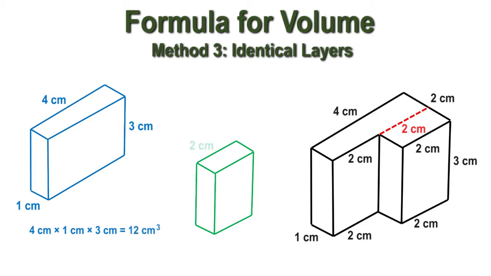The smaller prism measures 2 centimeters in length, 1 centimeter in width, and 3 centimeters in height. Its volume is 2 multiplied by 1 multiplied by 3, or 6 cubic centimeters. We can now total the products to calculate the volume of the rectilinear prism as 18 cubic centimeters.